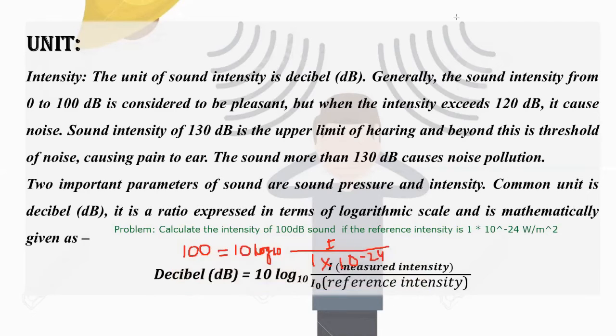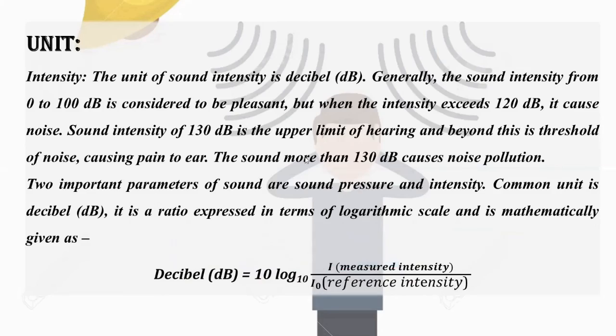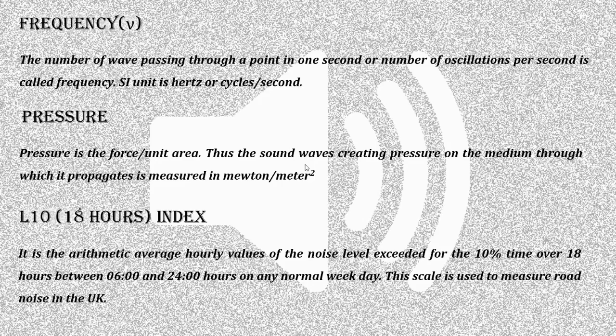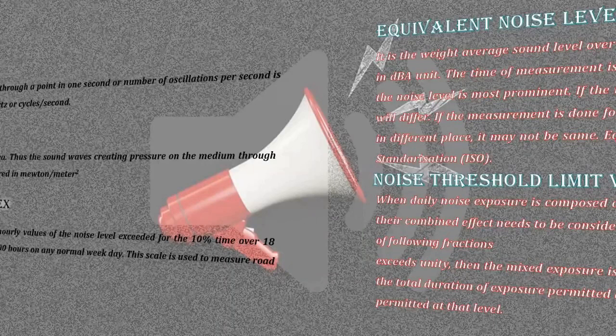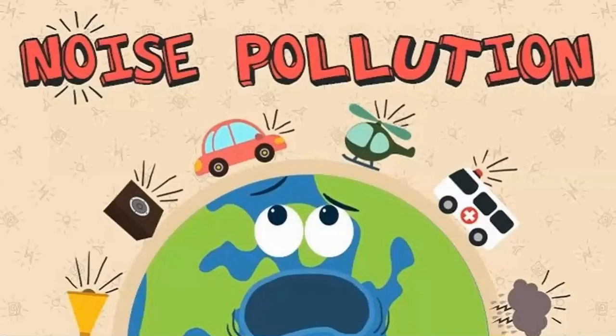Very easily we can find it. Again, I'm saying the calculated value of this is very easy to find. Why is it easy? Because it is nothing but 10 log10 of I by I0. So gradually we'll find I, and that will be our answer in watt per meter square. Okay, so it is as simple as that, not a complicated thing. That is what the numericals look like, and this is what we have in noise pollution.